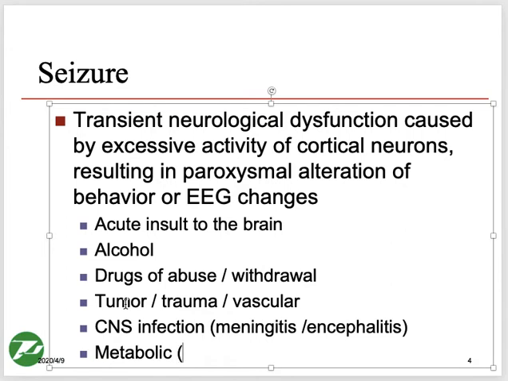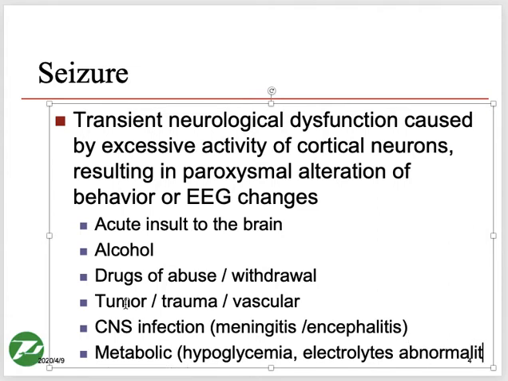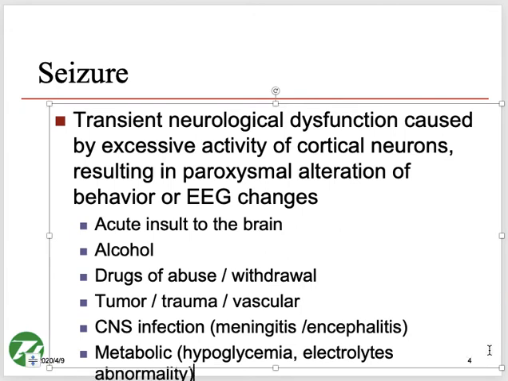Remember, any type of metabolic problem can cause seizure, which could be hypoglycemia, hyponatremia, hypernatremia, any type of electrolyte abnormality or imbalance. Simply, they can give seizure. So electrolyte abnormality can be there, and as well as what you can say.